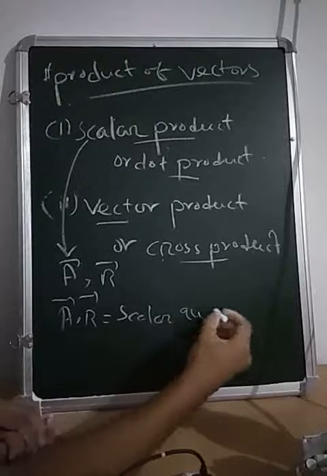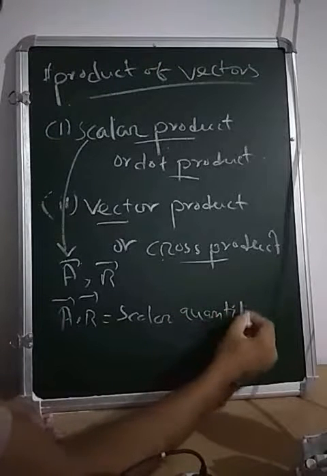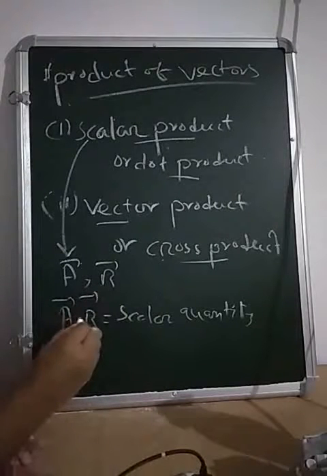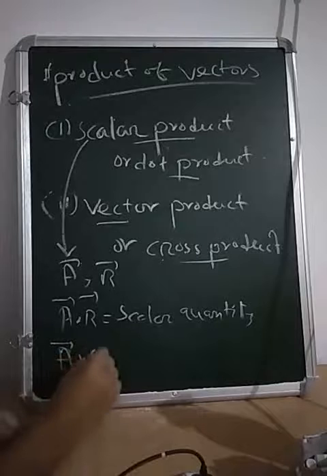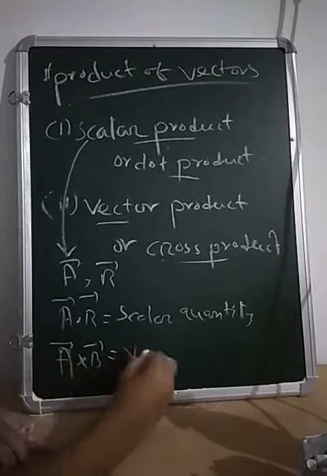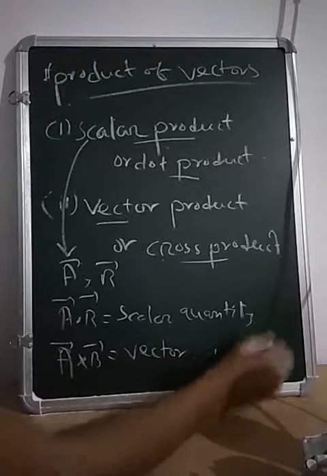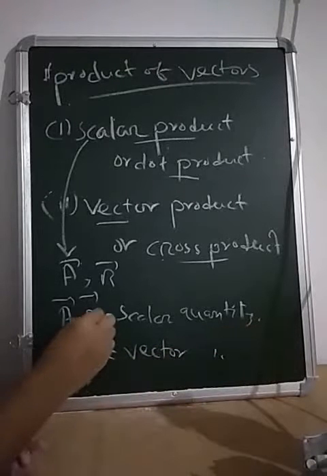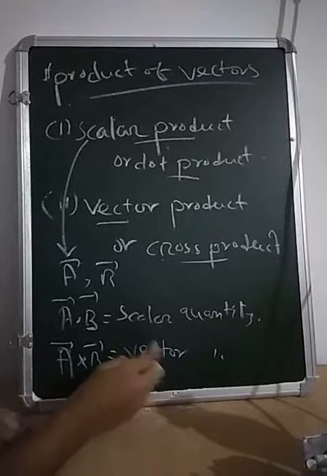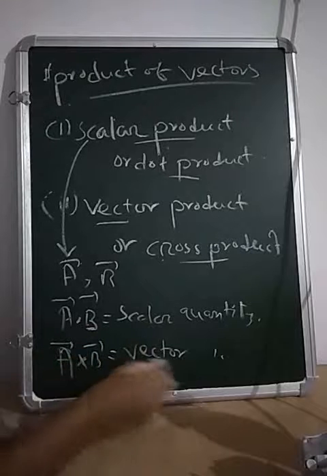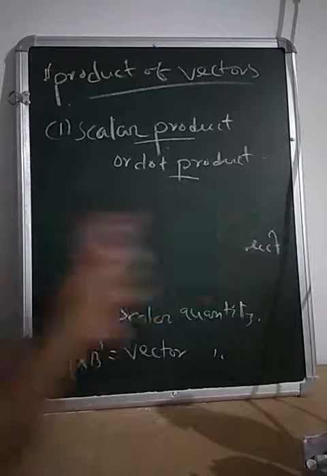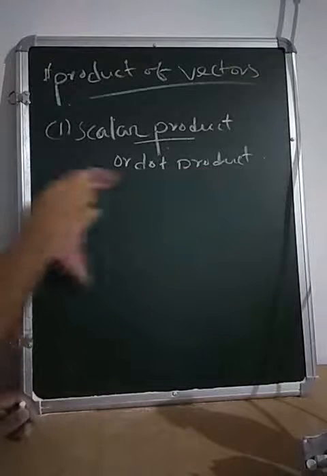The scalar product or dot product is represented by A dot B. If we perform the vector product, represented by A cross B, then we get a vector quantity. The scalar product of two vectors is always a scalar quantity, and the cross product of two vectors is always a vector quantity. Here you only need to know about the scalar product or dot product.